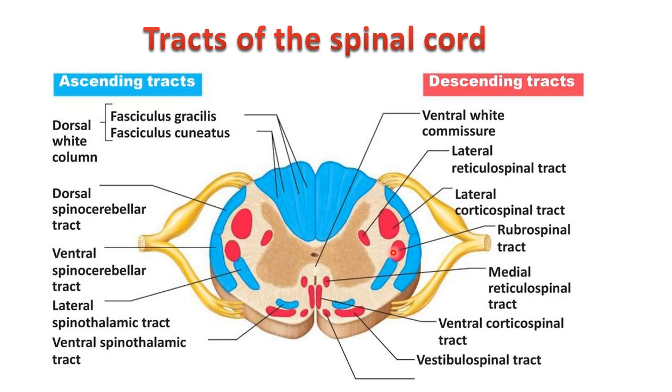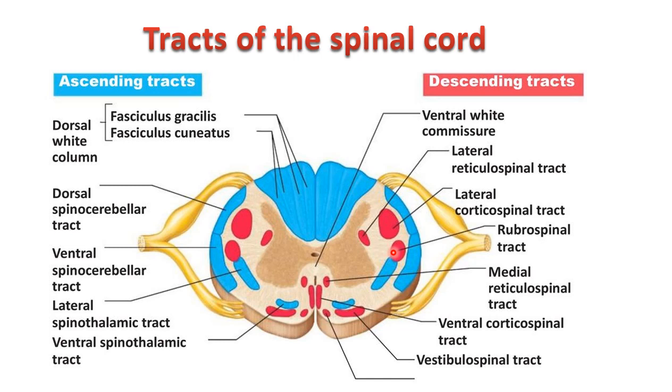Okay, so apart from the corticospinal tract, which I just mentioned, all the remaining tracts form the extrapyramidal system. So this rubrospinal and the following tracts which I am going to mention form the extrapyramidal system. The extrapyramidal system's function is to coordinate smooth movement of the muscles and also maintenance of muscle tone.